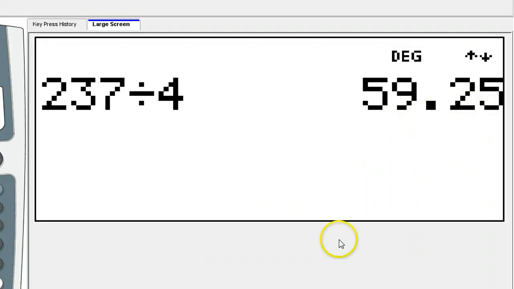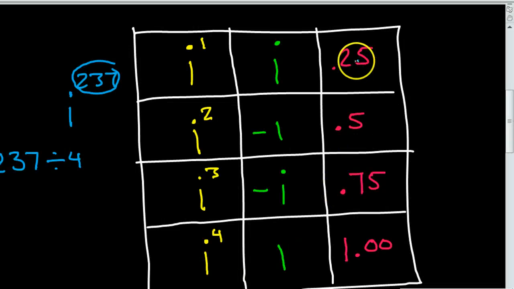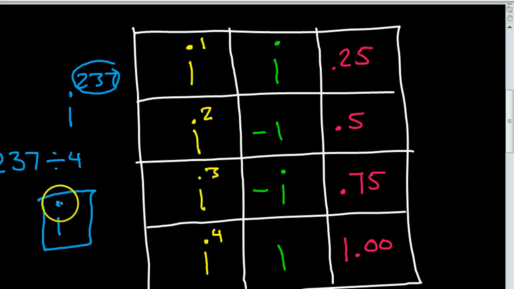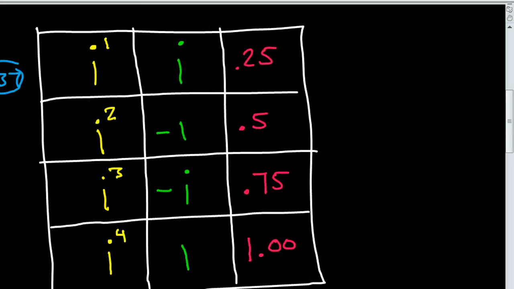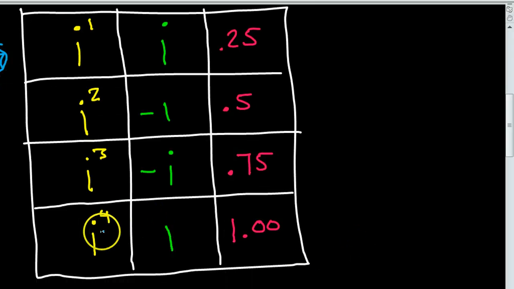See the 25 cents, 1/4. The 0.25 tells us that this must be the same thing as i. So the final answer would simply be i. And that works for all of these. And just understand that if we're talking about i to the 4th power, it'll be i to the 4th power if we have no decimal.